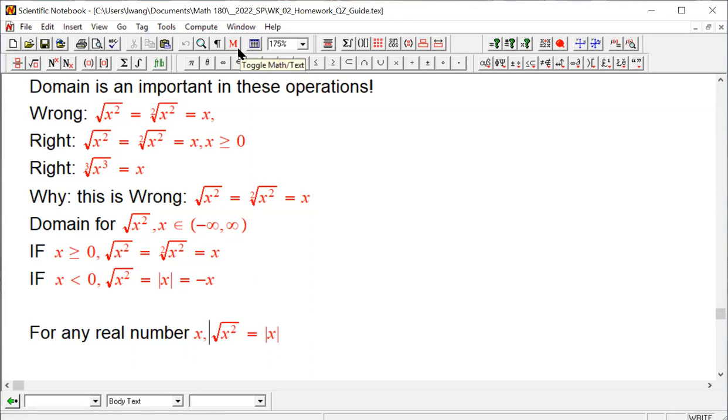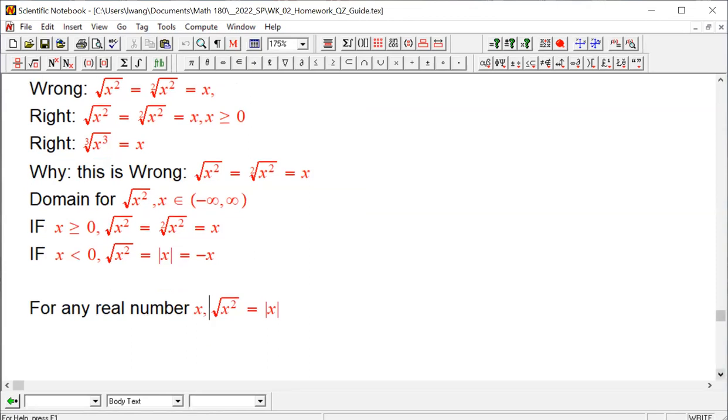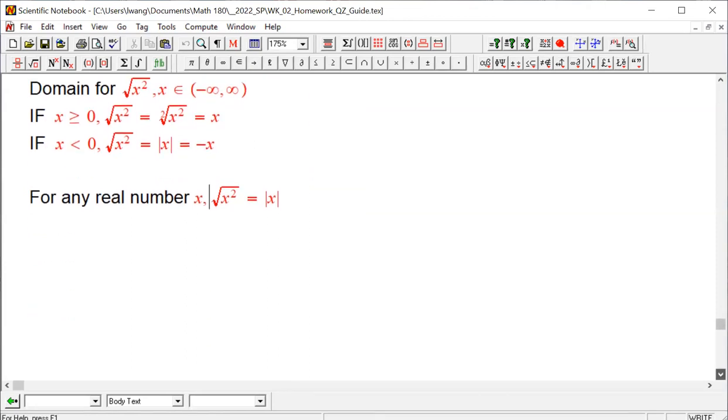We talked about this in the previous videos, and we know this is true. Okay. And there's another question, which is this one, right? The square root of X, in parentheses, squared equals X.